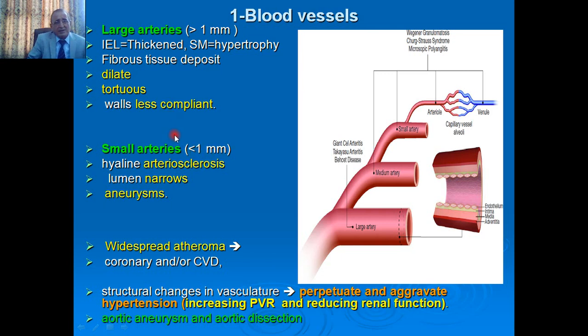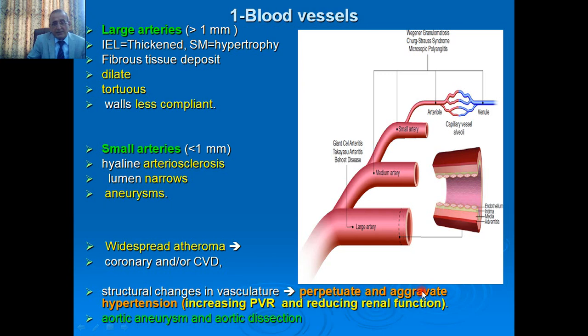The small arteries, whose diameter is less than 1 millimeter, get arteriosclerosis in their walls. The lumen becomes narrower and even microaneurysm. This narrowing of the lumen will cause increased peripheral resistance and will perpetuate hypertension. Of course, the arteries might have atheroma, but remember the structural changes in the vasculature.